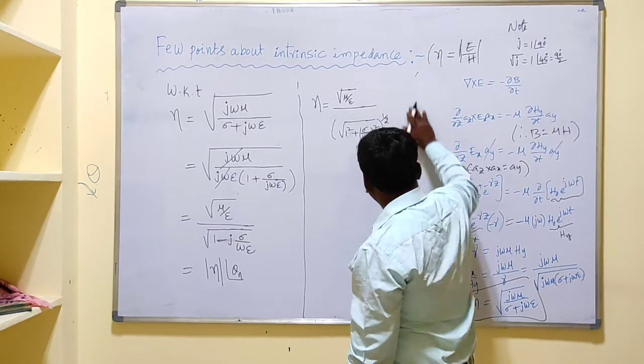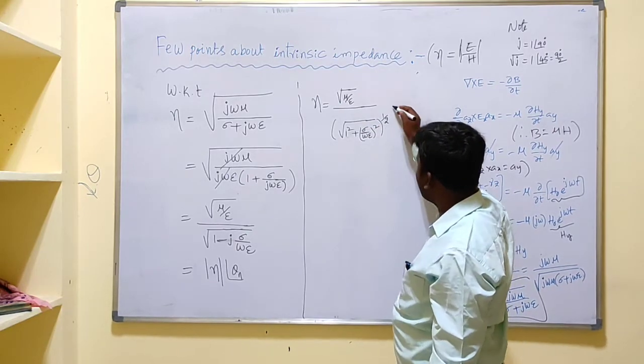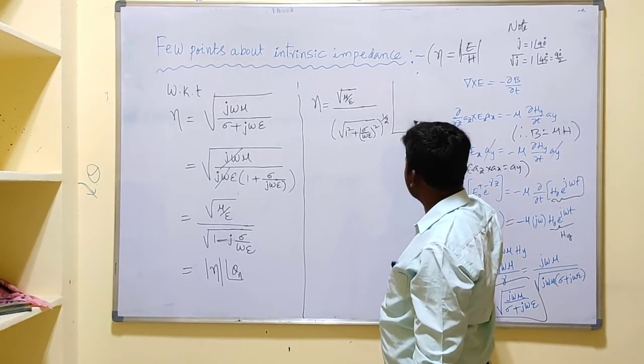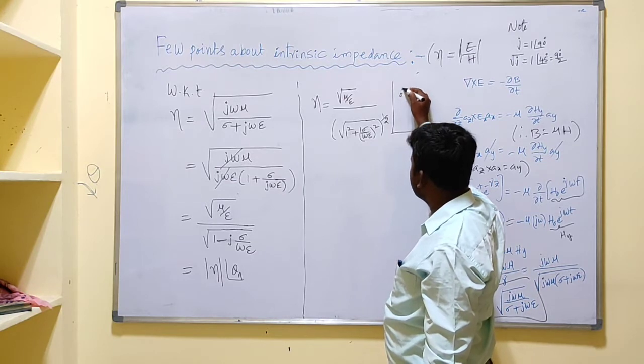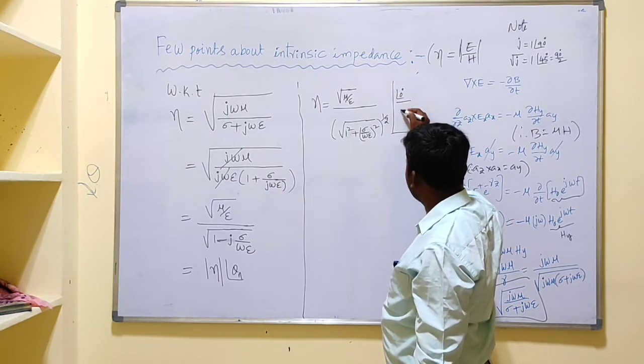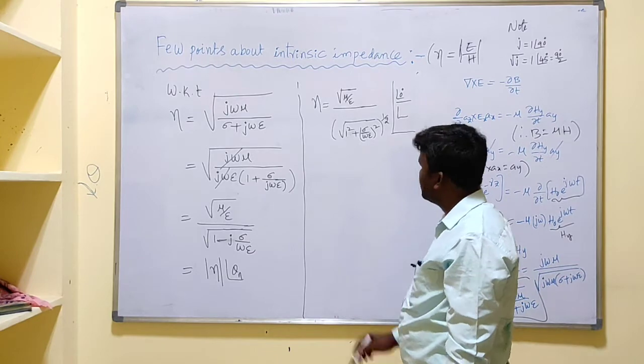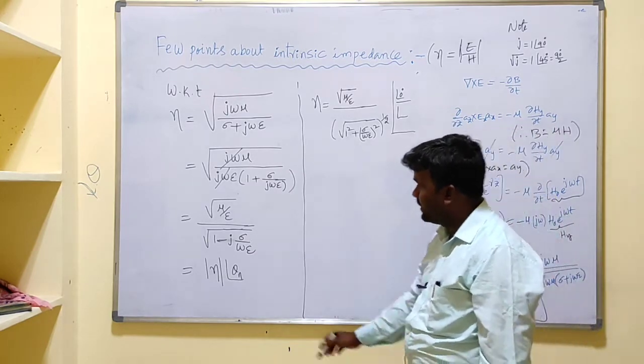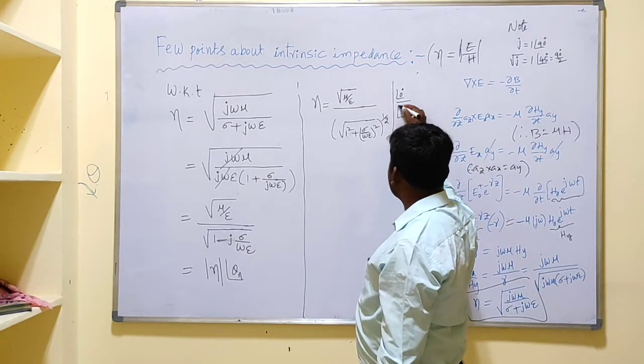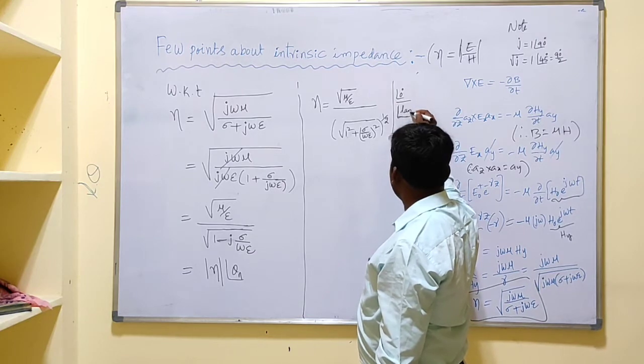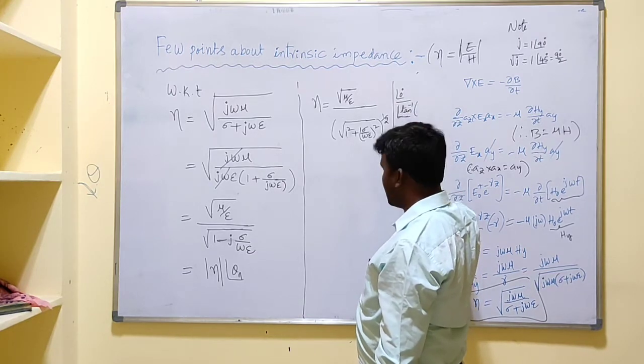And the angle is what? The angle contributed by the numerator is nothing but 0 degrees, and the angle contributed by the denominator is nothing but tan inverse of imaginary by real.